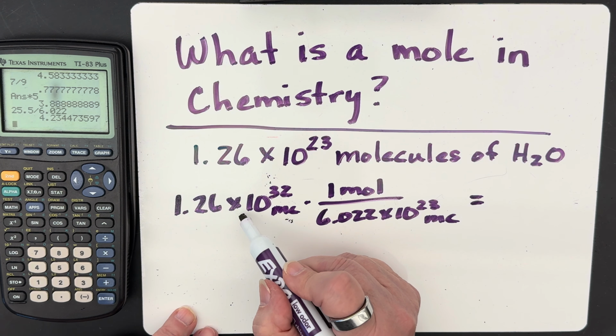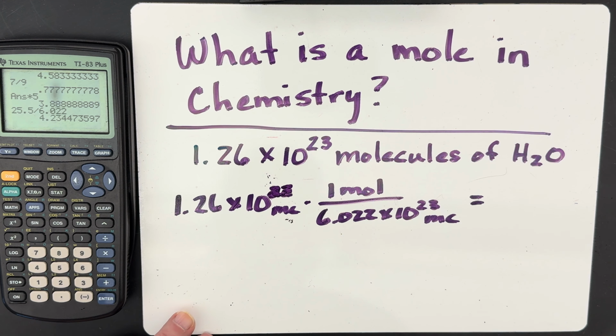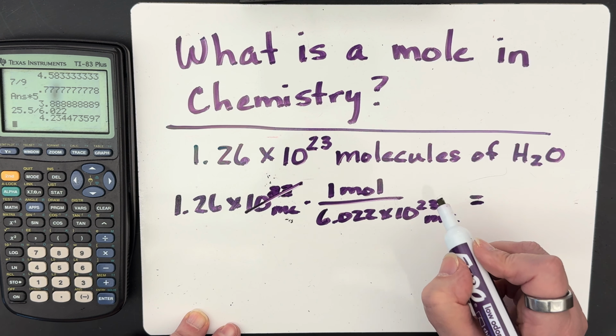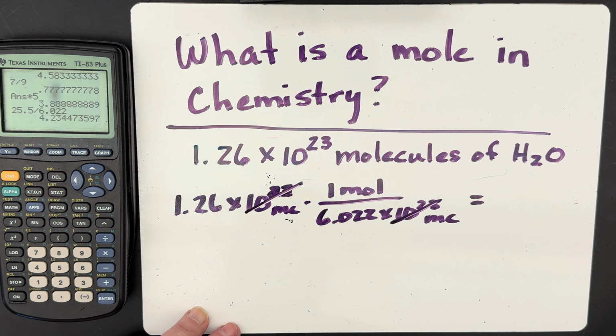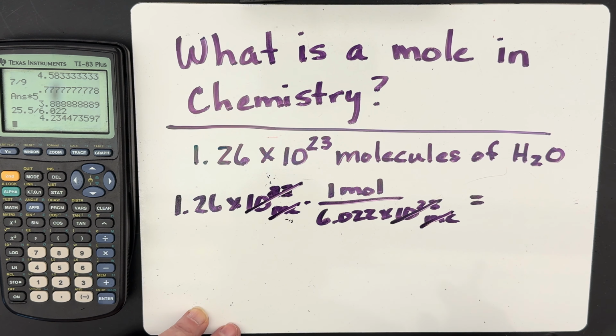So we can cancel out, 23rd, I reduced that, I switched that around. So we have given times 10 to the 23rd, and we have divided by times 10 to the 23rd, so those two cancel. The unit molecule cancels, and all we're left with is moles.